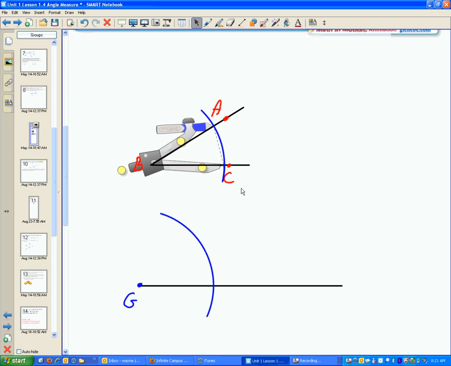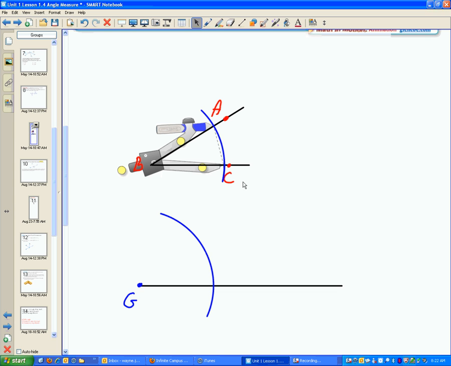See how I've got mine? The point's on the arc, the pencil's on the arc. So it's really important you get your point and your pencil both on the arc. Okay, you with me?